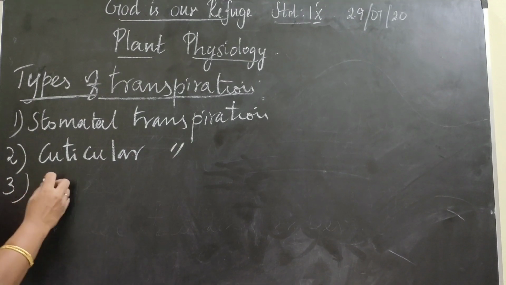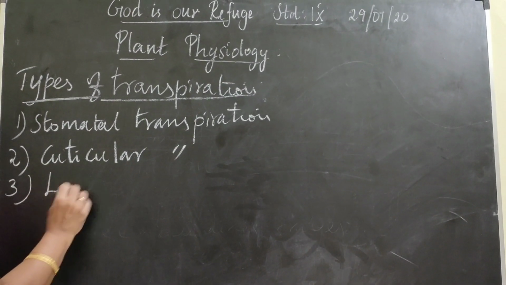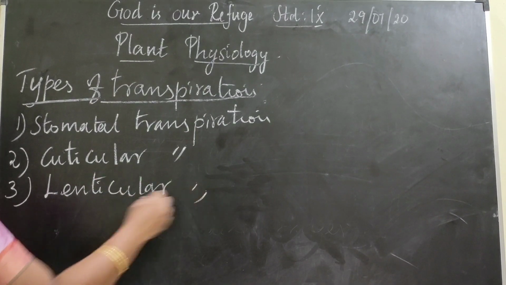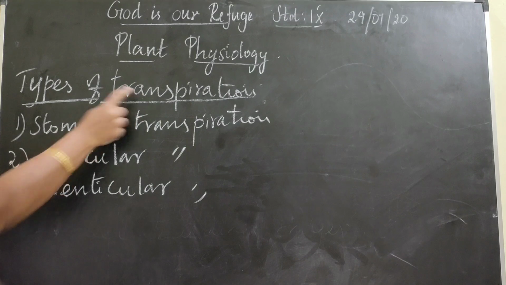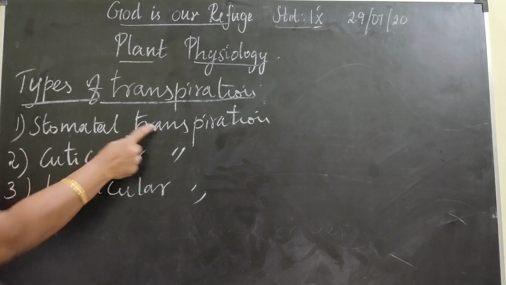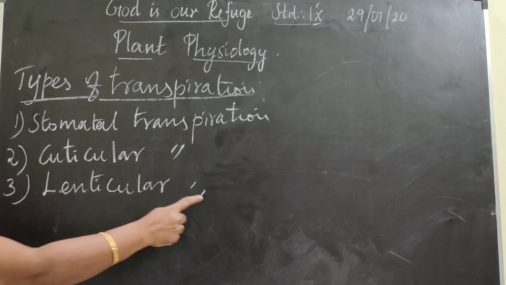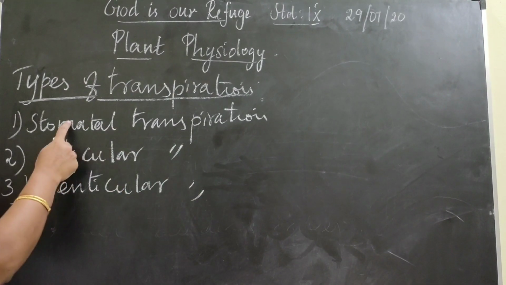Third one, lenticular transpiration. What are the three types of transpiration? First one, stomatal transpiration. Second one, cuticular transpiration. Third one, lenticular transpiration. What is stomata?